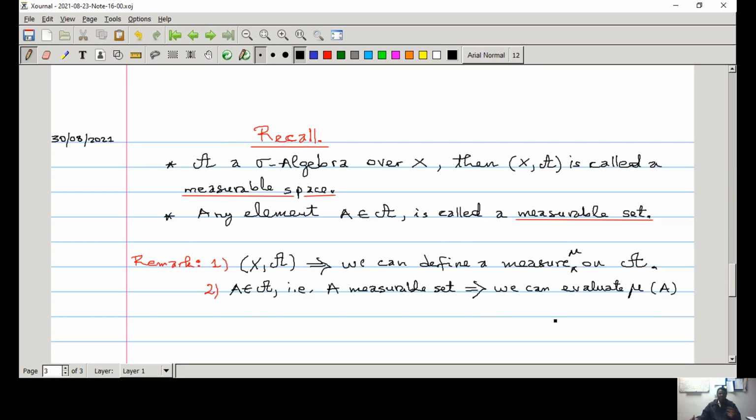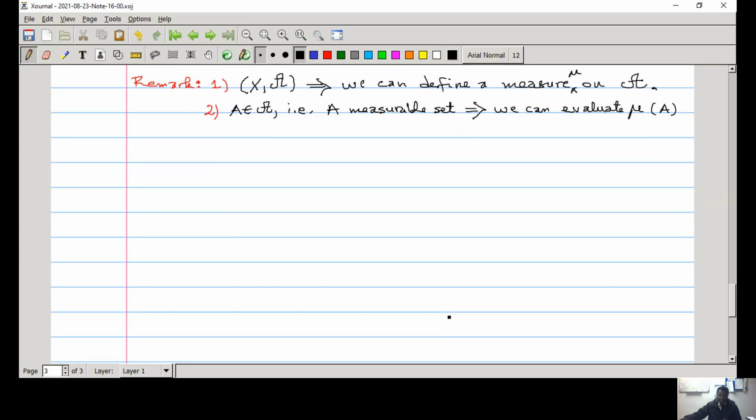Measurable space, measurable set. Now the question is, what is a measure? So here we are going to define what a measure is.